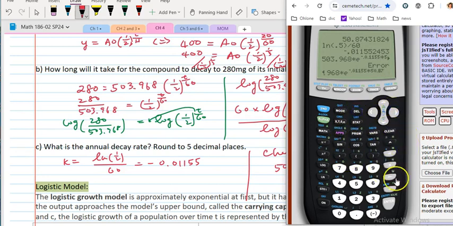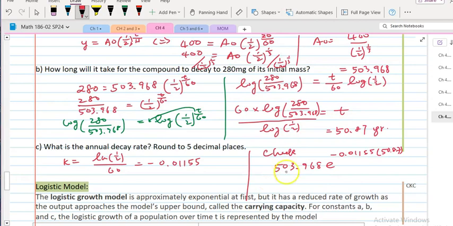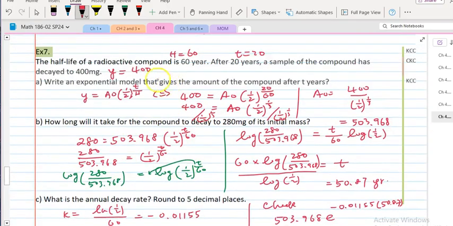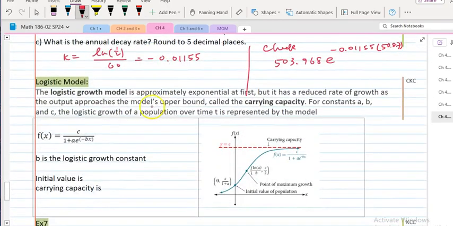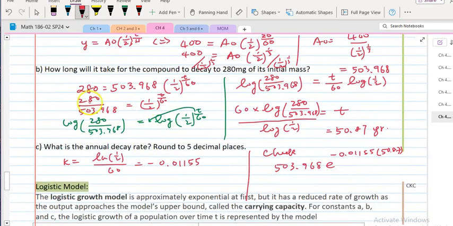Delete. 0.01155. Yeah, 280. So that works. You can see that if you just calculate ln 1/2 over 60, you can use this formula to find out how long it takes. It's longer if you keep on using the 1/2 things. Okay. So in the next video we'll do the logistic model.